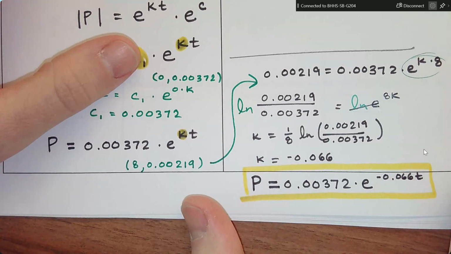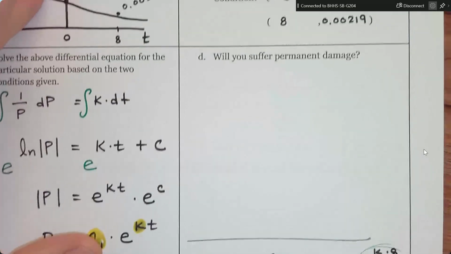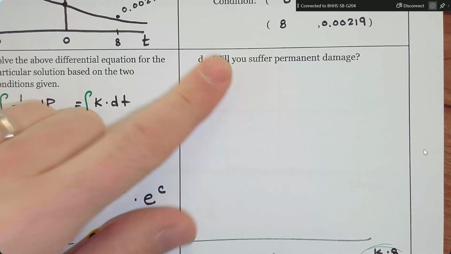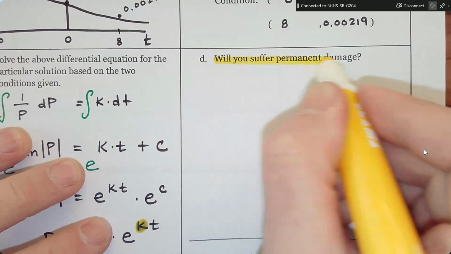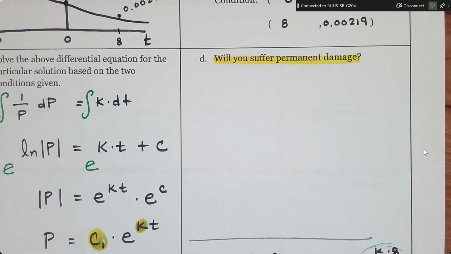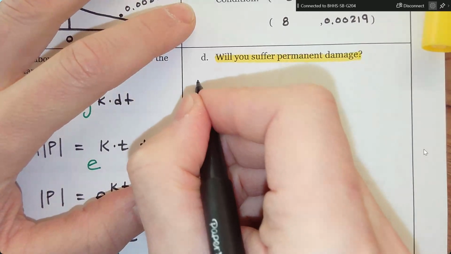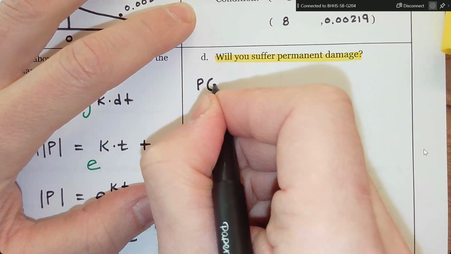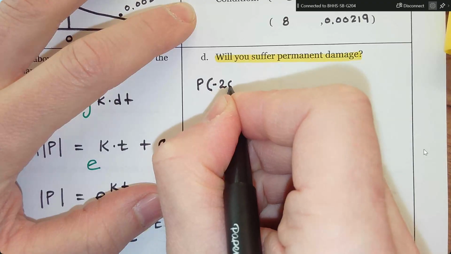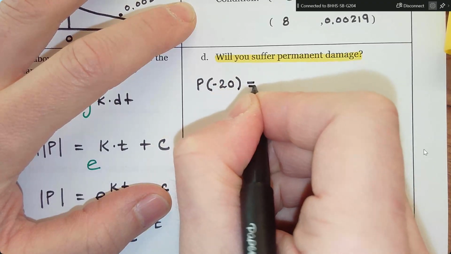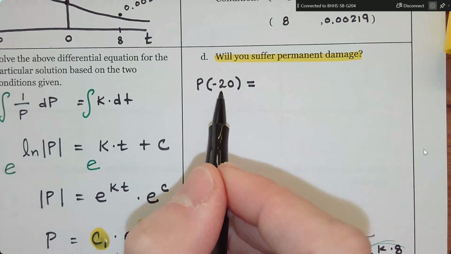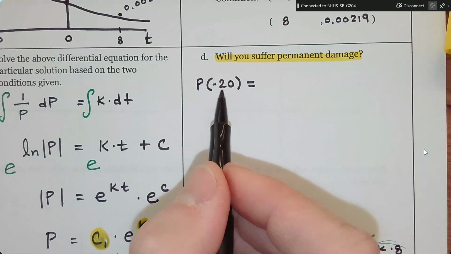Let's come on down up here. Last question. Will you suffer the permanent damage of, in this case, being turned into a bird? Let's see. We want to know how much poison there was in our bloodstream at the instant that we inhaled it, and that was 20 hours before we went to see Dr. Levi.